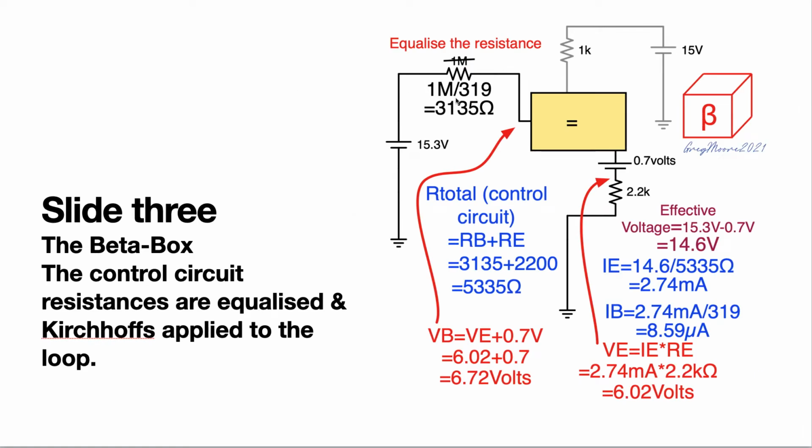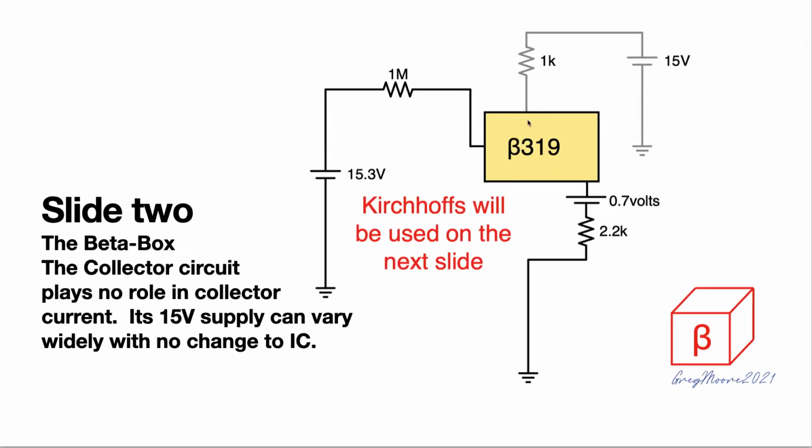So in here, what I've done, and this is the beauty of it, on the next slide we'll be seeing some calculations, but on this slide 3, I've taken the 1 meg ohm base resistor and I've divided it by 319. And if you recall, 319 was the beta for the transistor.